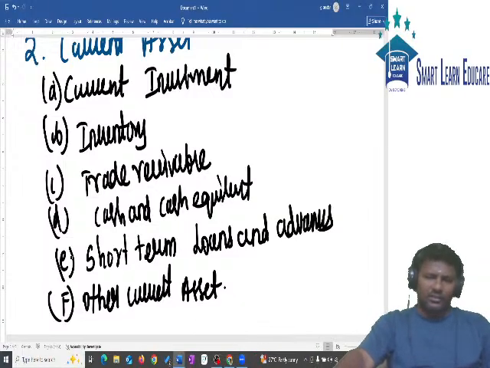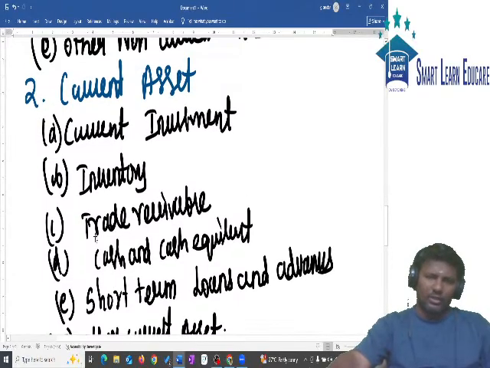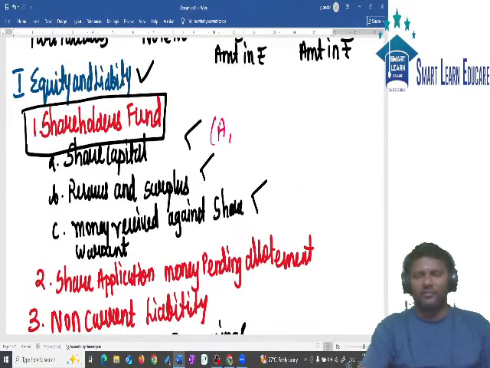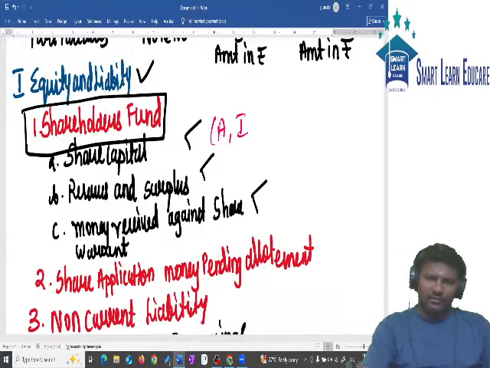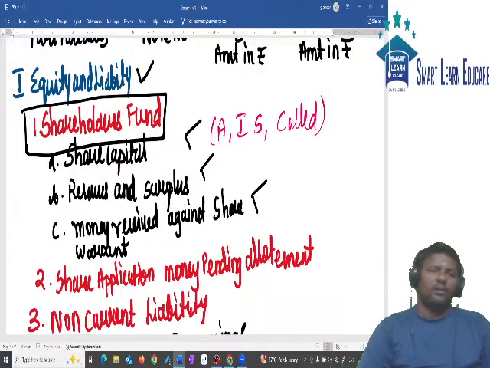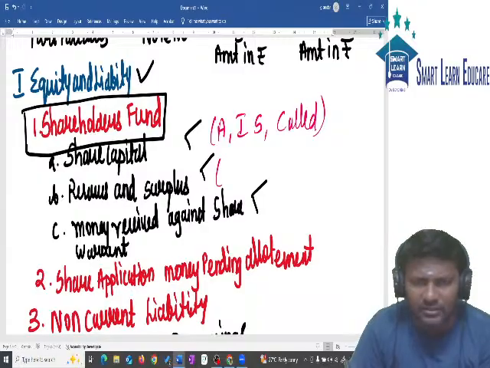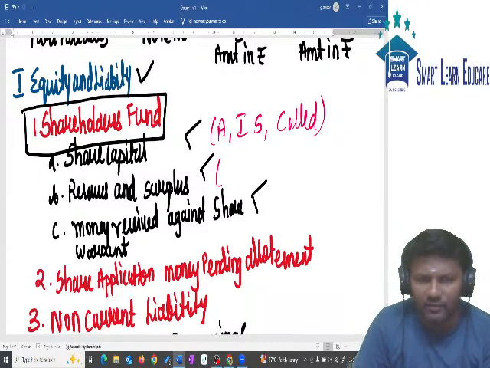Along with this, I want you to learn, I want you to write few more things. Go to the share capital: issued share capital, subscribed share capital, called up capital. These are mentioned under the heading share capital. Under reserves and surplus, what all will we have?